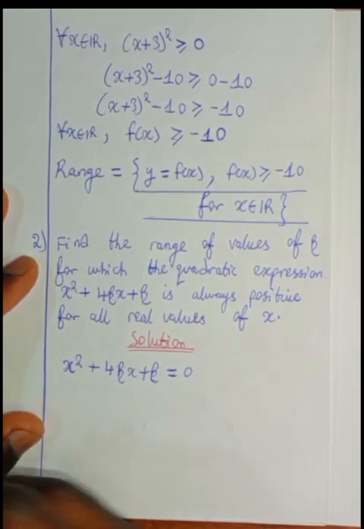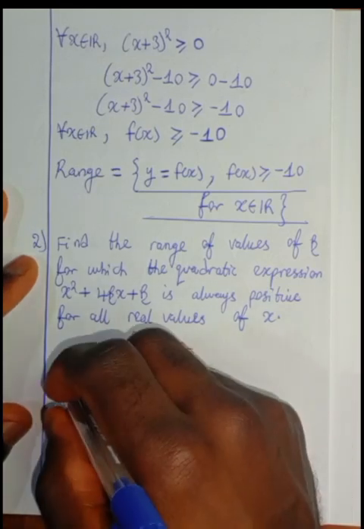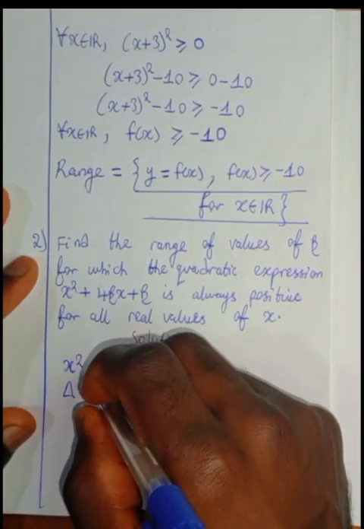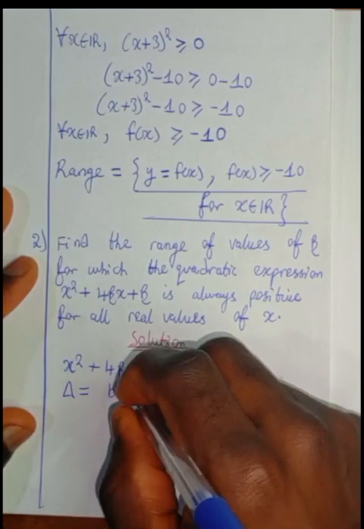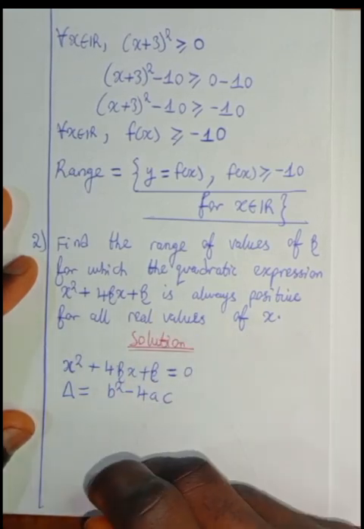That's what it means. We know the discriminant is given by b squared minus 4ac.